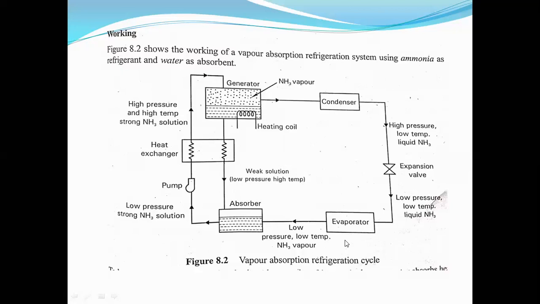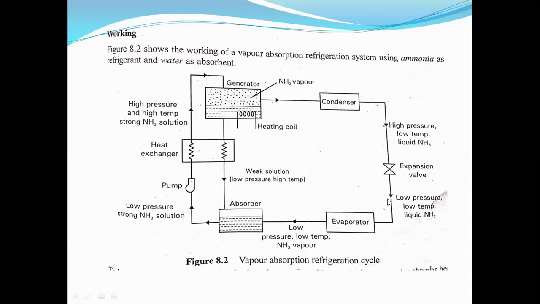Now I'll explain the working principle of this vapor absorption refrigeration system, how VAR works. Always remember, we start with low pressure and low temperature liquid ammonia. As I said, ammonia is used as the refrigerant and water as the absorbent in VAR.